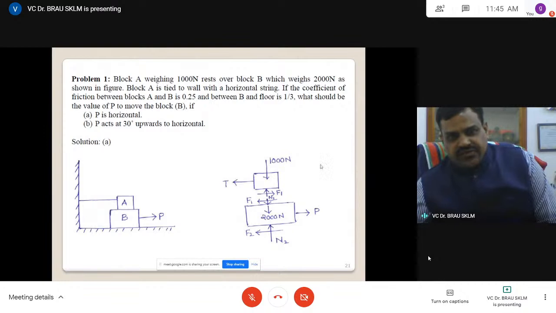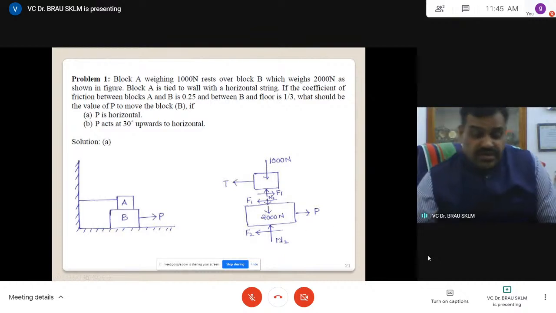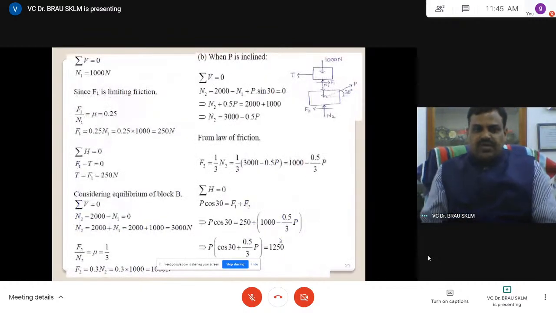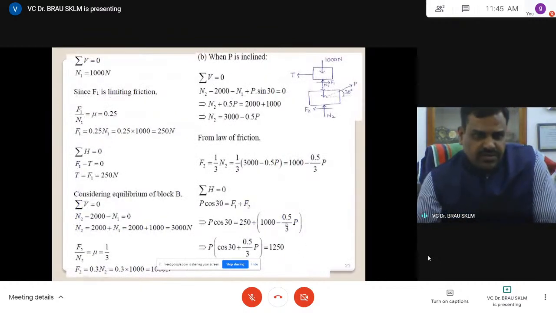Because to calculate F1, we need mu times the normal reaction. First find out N, tension T. Then come here, F1 is equal to mu times N1. Then go to the other unknown parameters. That convention you have to follow. Don't simply add like that. Sigma vertical is equal to 0. Now N1, N2 we got.